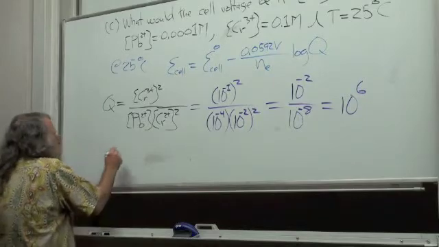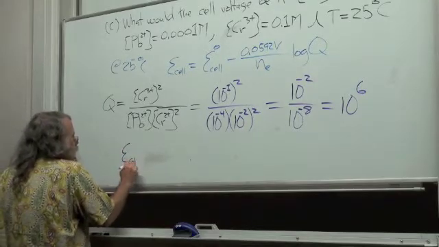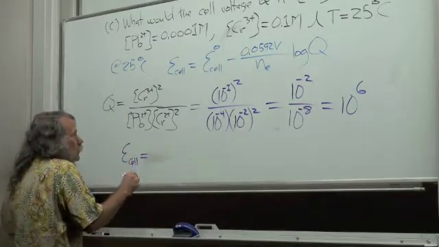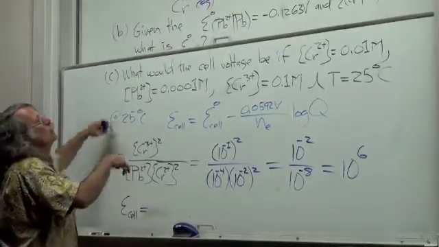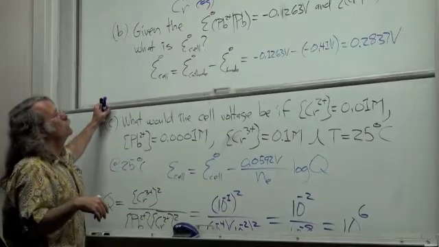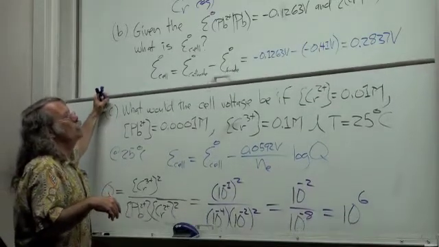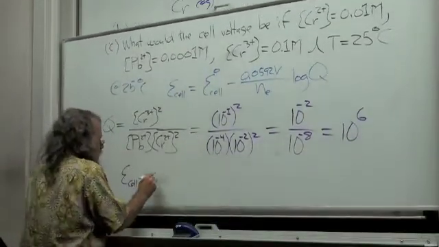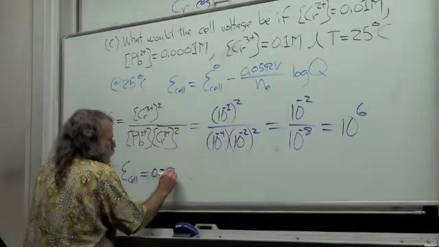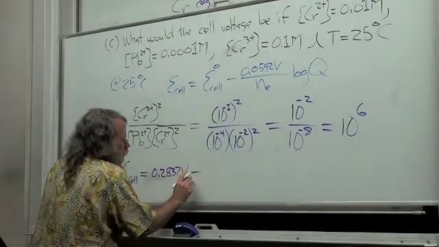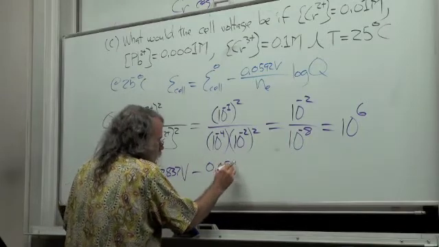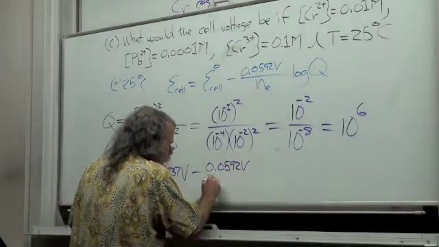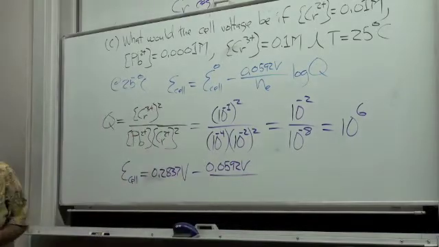And so E cell is equal to E naught cell, which we found was 0.2837 minus 0.0592 volts divided by, and what? How many moles of electrons are transferred in this process? 2.